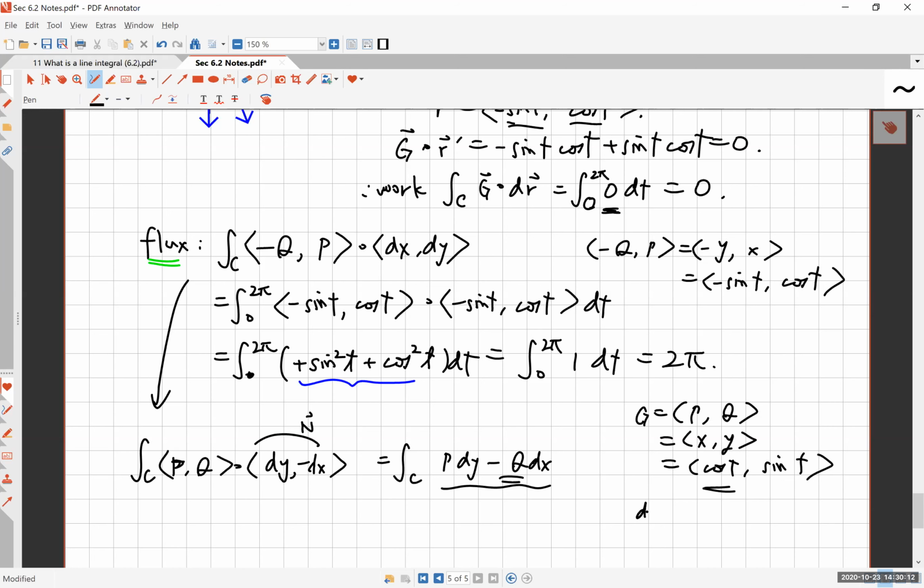Because r is cosine t sine t, dy is the derivative of sine, so it's going to be cosine of t, and then dx is negative sine of t. So dy is cosine of t, and dx is negative sine of t. And so you can use all of that to calculate this.